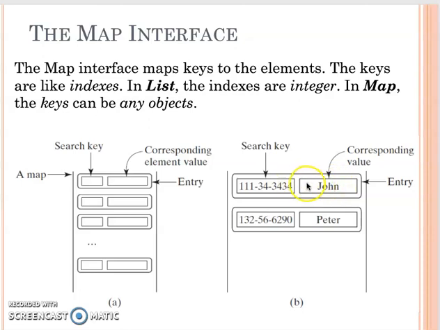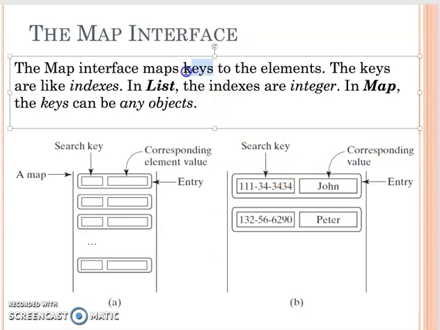Before, when you're using the array, you need to access by the index. Here we don't use the index, we use the key. The index is always an integer, but in the map the key can be any data type. For example, a social security number may be a long int, or I can consider it a string. You give me the social security number, you give me the key, and I will give you the corresponding value.